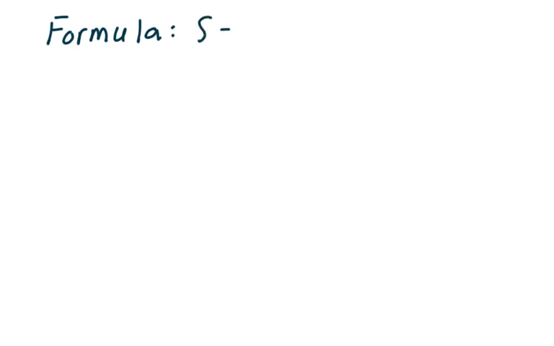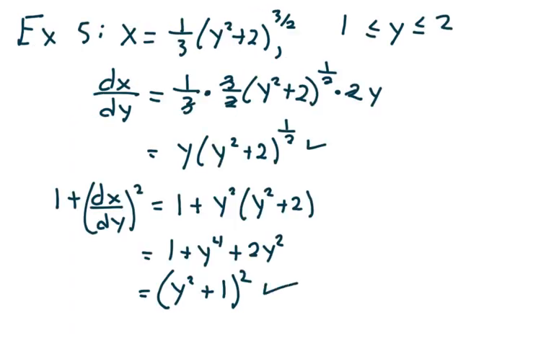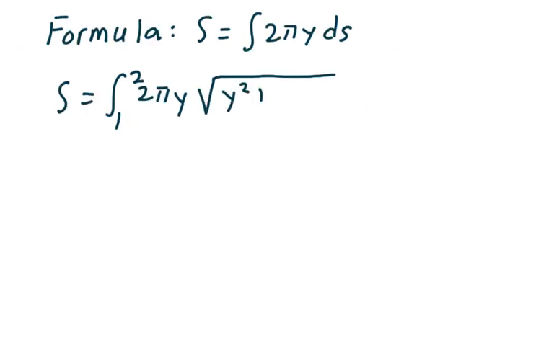Okay? Now, the formula is still s is the integral of 2 pi y ds, because we're rotating about the x-axis. And so therefore s is the integral from 1 to 2 of 2 pi. Now remember, we don't have to convert y. We're integrating with respect to y, so we leave it alone. And we're going to multiply by the square root of y squared plus 1 to the second, dy.